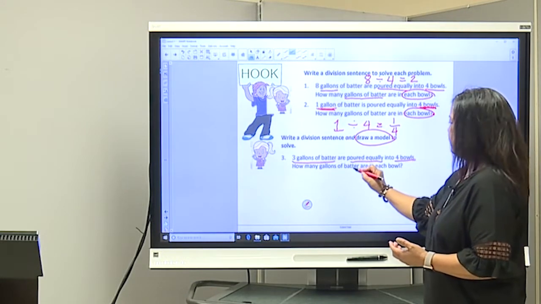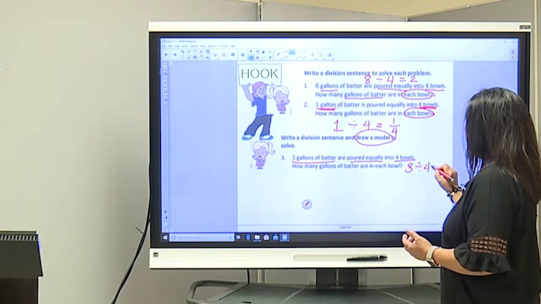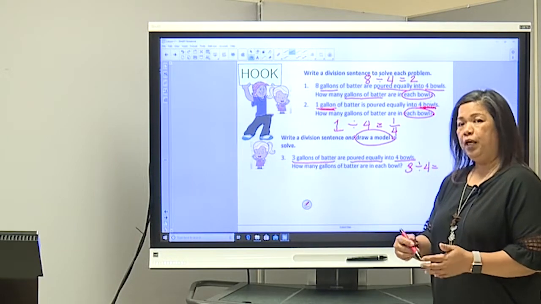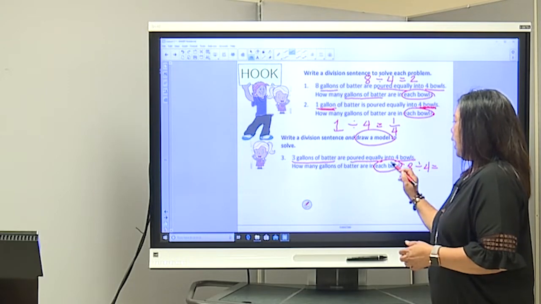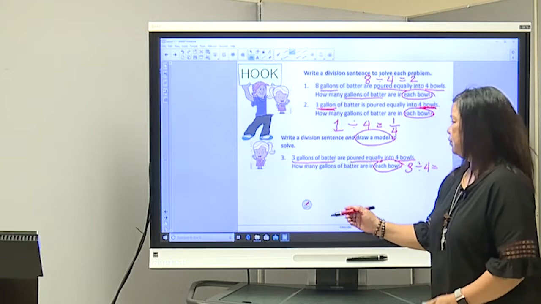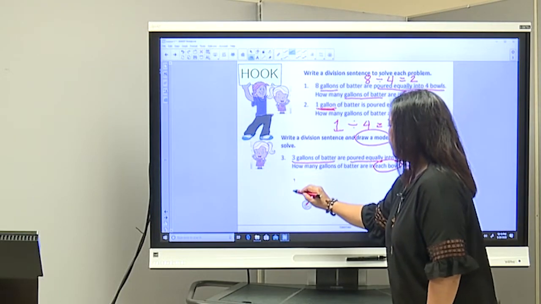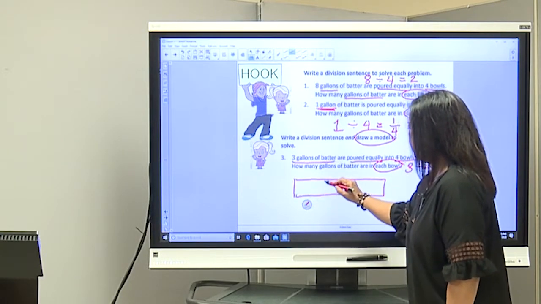So the number sentence is 3 divided by 4. Now I'm not going to give the answer yet. What we are going to do is draw a model so that we will know how much each bowl will have. So let's begin with 3 gallons of batter. Here is a tape diagram.